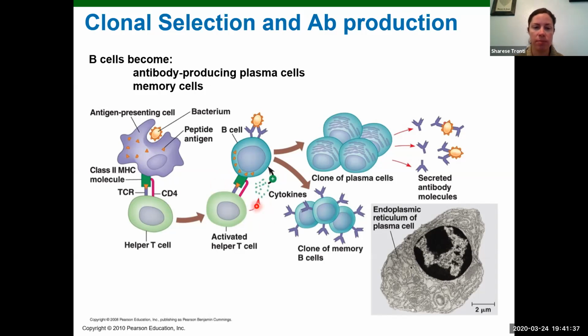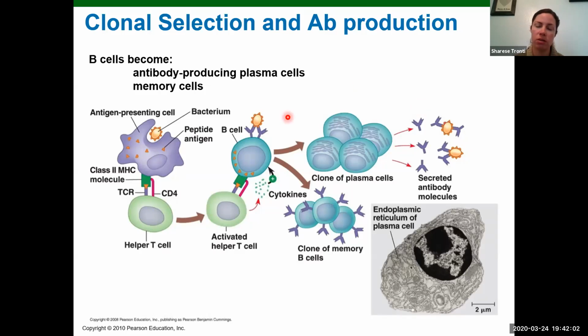They both agree this is the bad guy. So we're going to go ahead and activate this B cell. The helper T cell will release cytokines, which will activate the B cell. Then the B cell will produce all of these clones by proliferation, and they will turn into plasma cells, and plasma cells produce antibodies.